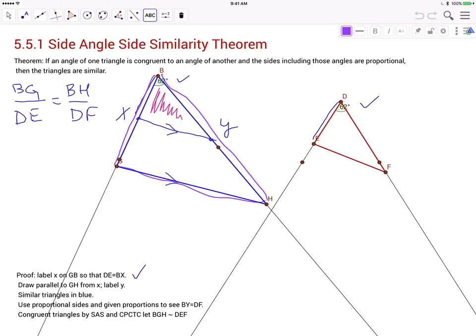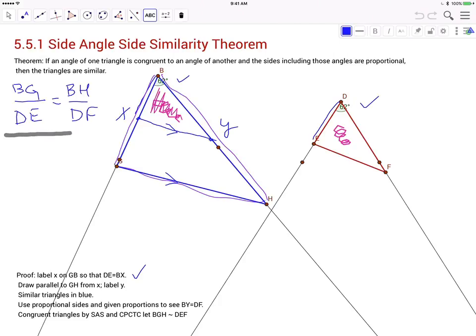And so the plan for the proof is to somehow get the pink triangle to be congruent to, right, so pink is going to be congruent to red. Wouldn't that be awesome? And we can do that by taking the proof, which we already have over here.